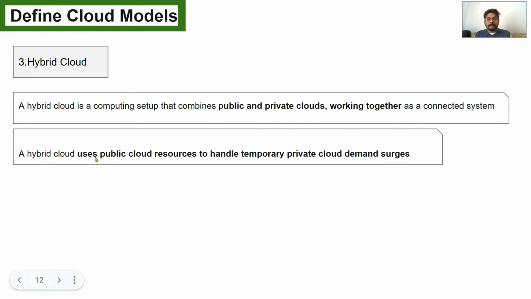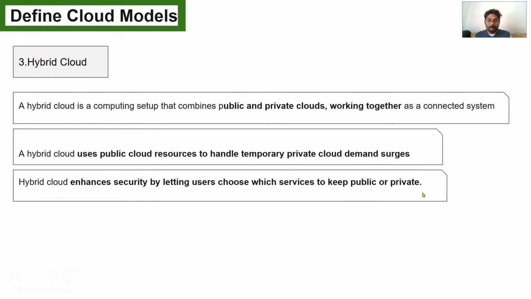Hybrid cloud uses public cloud resources to handle temporary private cloud demand surges. In the private cloud, let's say for some time you need additional resources, then you can go with the hybrid cloud model where you use your private cloud, but when there is a surge, you are also using the public cloud. The best part, what is the benefit of going for this kind of a model?